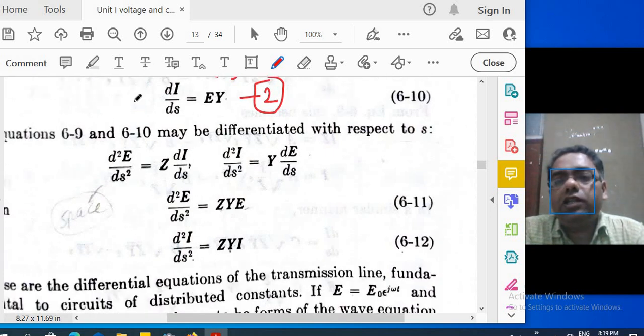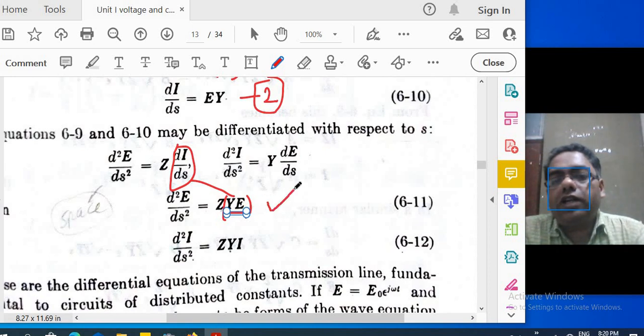Similarly, if I again differentiate dI by ds with respect to s, I will get d square I by ds square equal to y into dE by ds. Now in the first, dI by ds I can write as E into y.